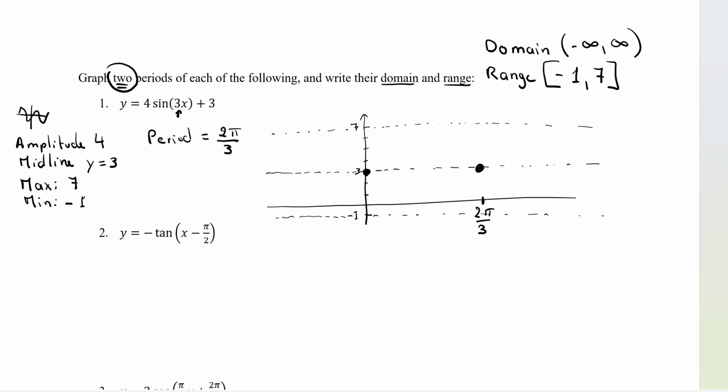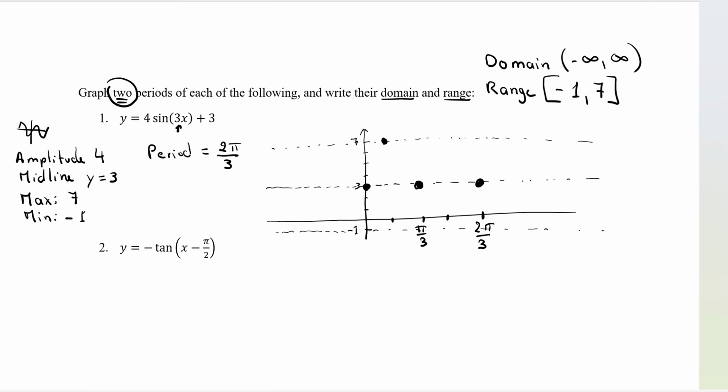Then I divide that into 4 sections, and so that will be pi over 3. I'm going to be on the midline halfway through again, because this is a sine function. And then I reach my maximum a quarter of the way through and the minimum three quarters of the way through. So this should look like that.